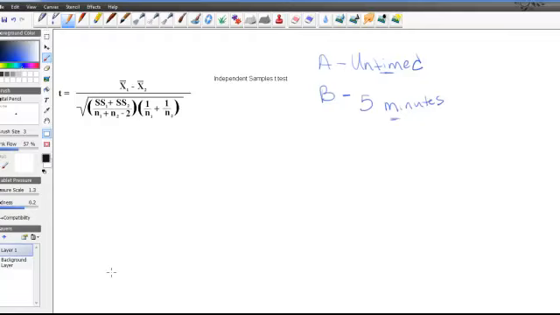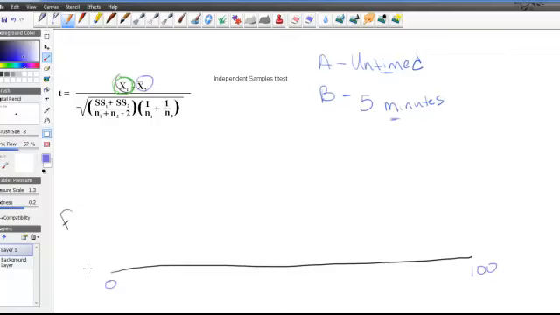Let me draw this out for you. So again, we have frequency here, and we'll draw our distributions. Maybe our group 1 is this green color, group 2 is this blue color, maybe a little purplish. And so we have some kind of stress scale from 0 to 100.